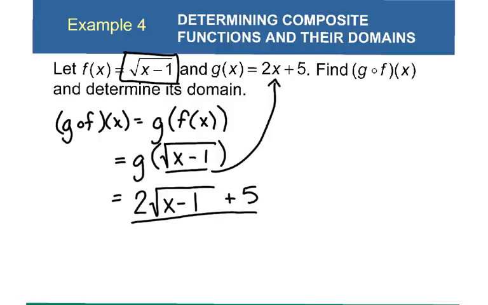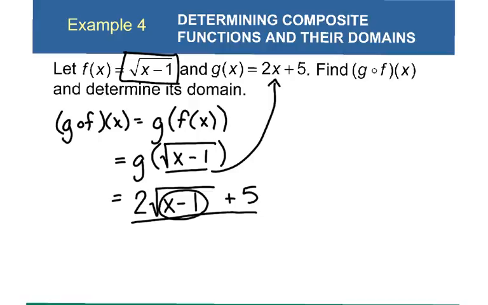Now, finding the domain for this, again, it's going to be all real numbers except for wherever the inside of our function here is greater than or equal to 0. Okay?